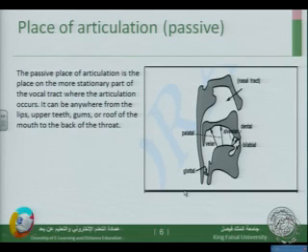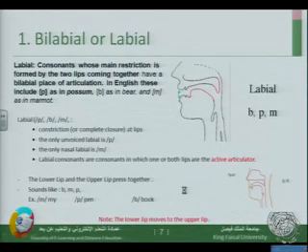Okay, like الحلق, الalveolar. Lips you can move, right? Sometimes you can move the lower lip, the lower teeth, up and down. لكن the upper is always inactive. Right.